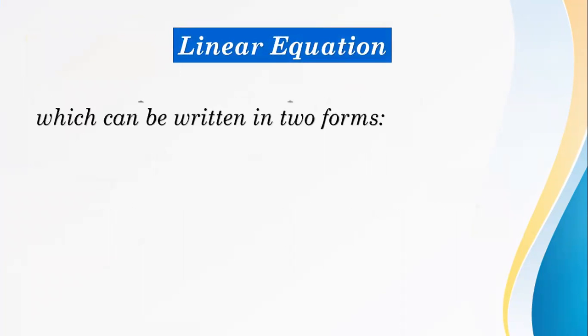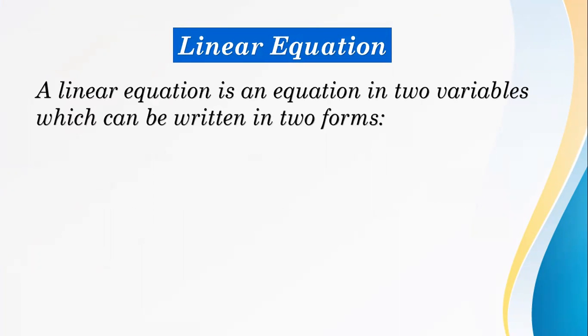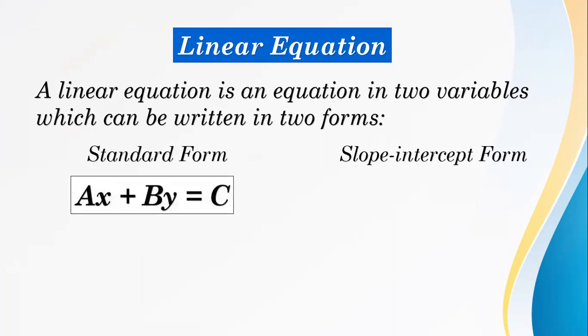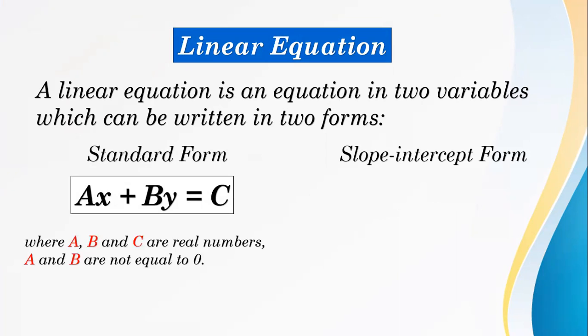Linear equation. A linear equation is an equation in two variables which can be written in two forms. These are the standard form and the slope-intercept form. Standard form, we have ax plus by equals c, where a, b, and c are real numbers and a, b are not equal to 0.